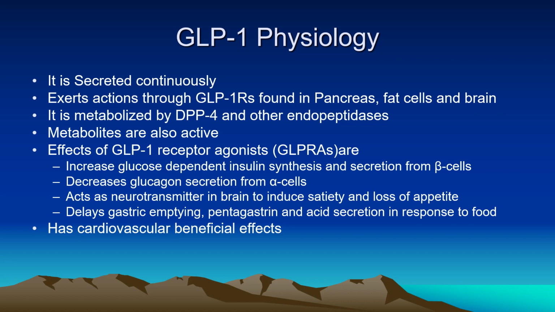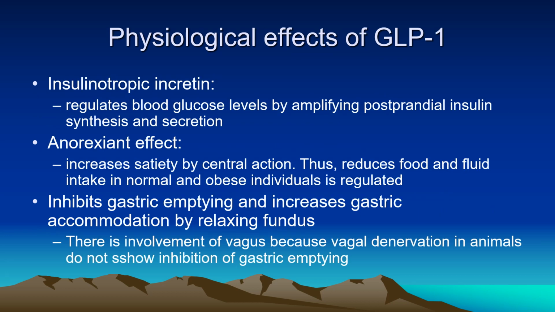And of course, it delays gastric emptying. It reduces secretion of pentagastrin and acid secretion in response to food. And it is also found to have beneficial cardiovascular actions. So these actions are important as far as the physiological role of GLP-1 is concerned.